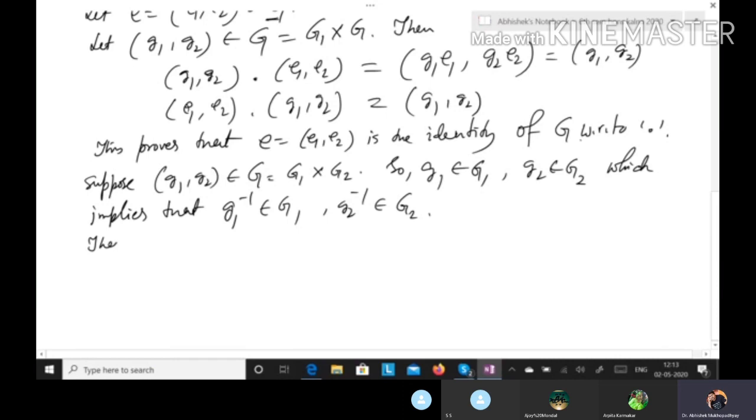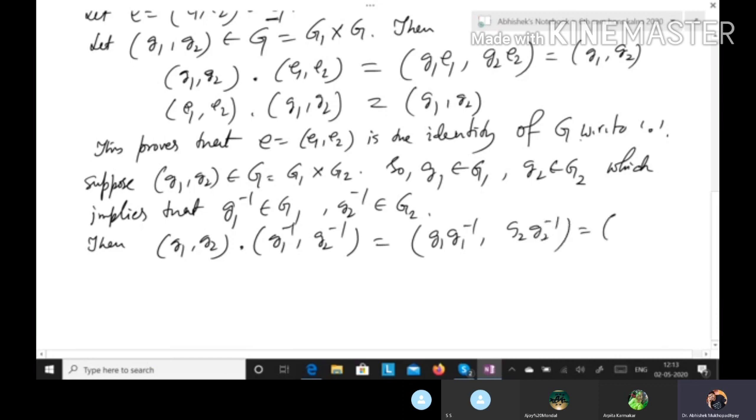So then (g1, g2) dot (g1 inverse, g2 inverse) is (g1 g1 inverse, g2 g2 inverse). So therefore it is (e1, e2), so it is e.